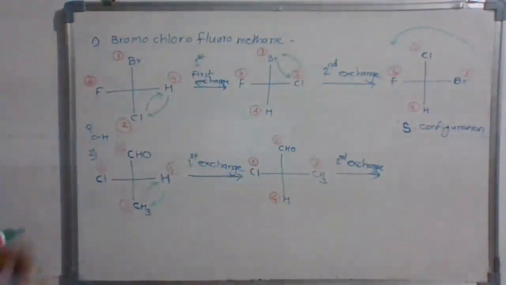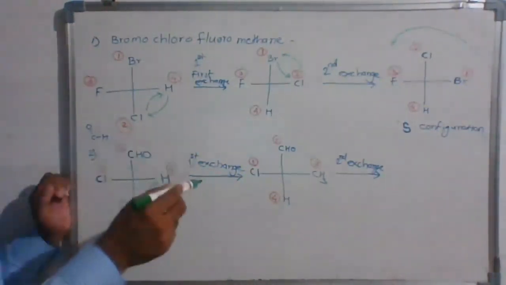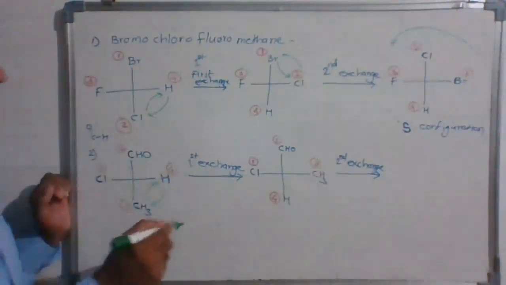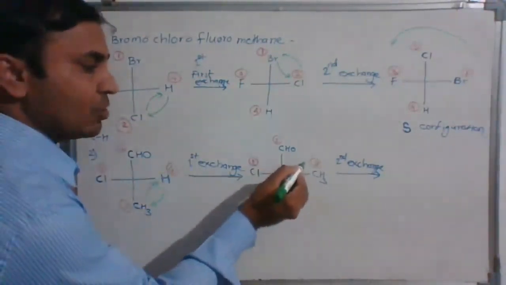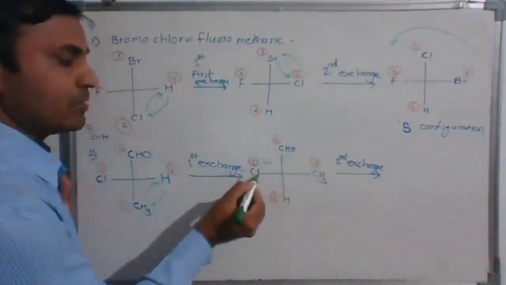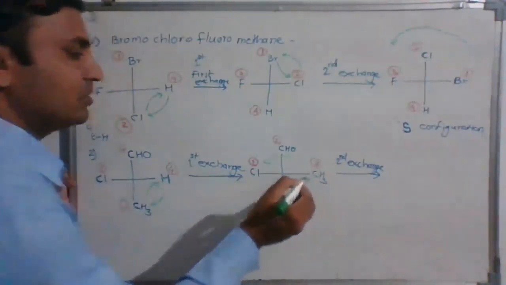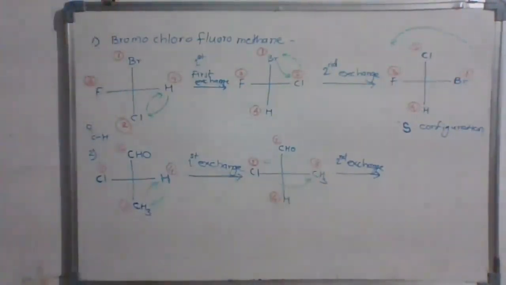So in this situation, what we do? If the second priority group is already at the top, then we exchange the horizontal groups. So methyl will be transferred on this side and chlorine will be transferred on that side. Such kind of exchange will be now done at that place.